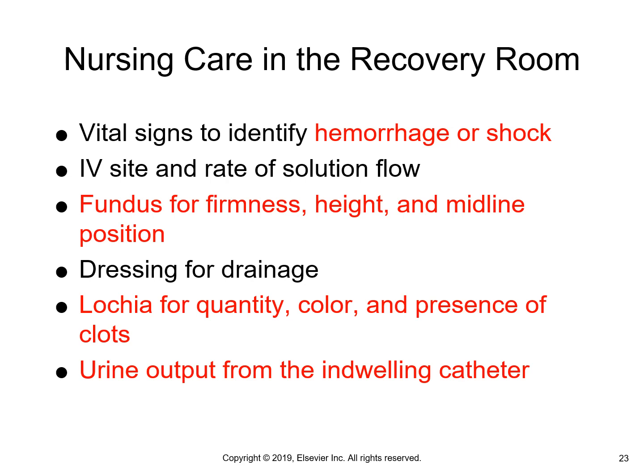Your lochia rubra, your lochia serosa, and your lochia alba, we should know the characteristics of those lochias and how long they usually last, so that we can monitor if one is progressing into another one, or is getting worse. And then urine output from the indwelling catheter.